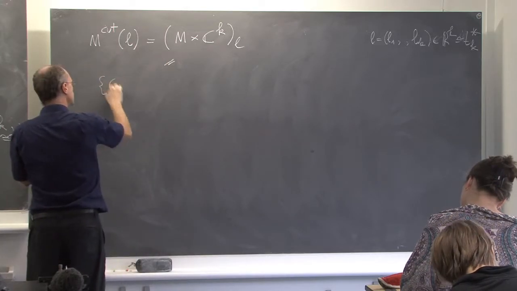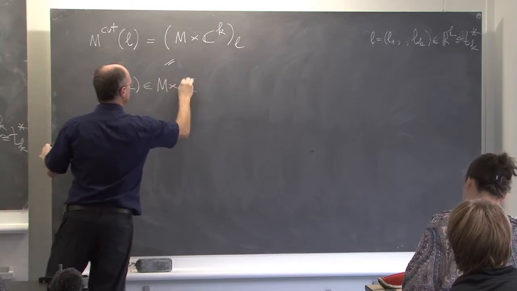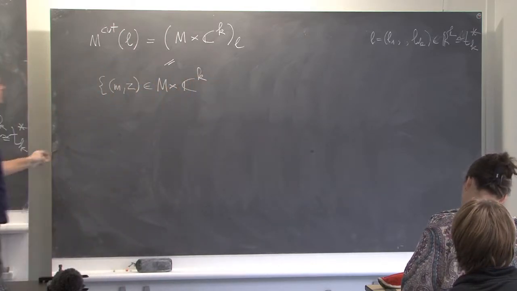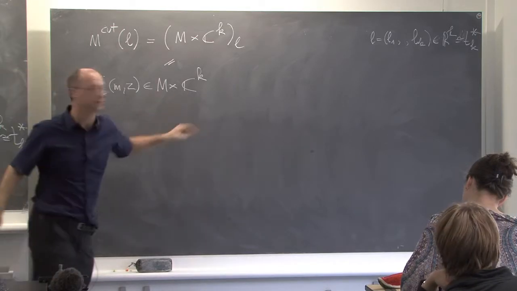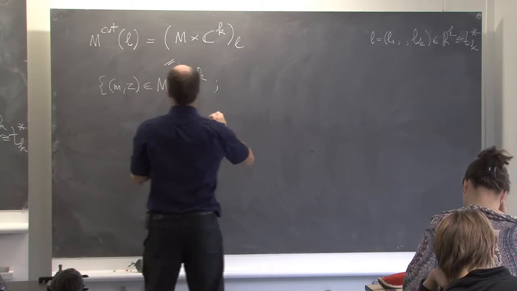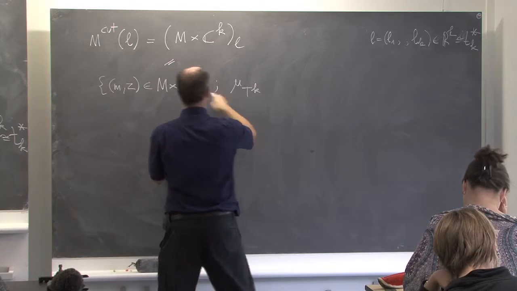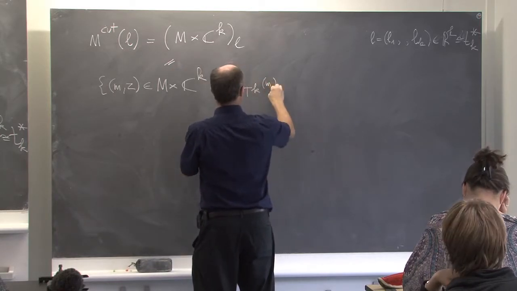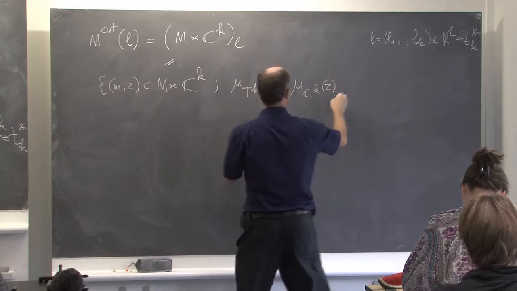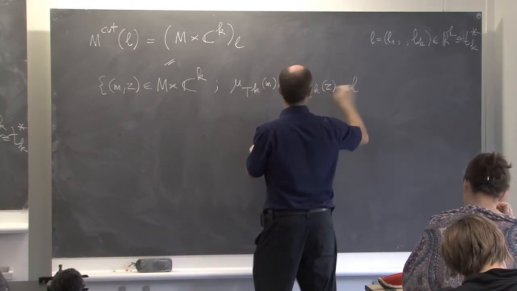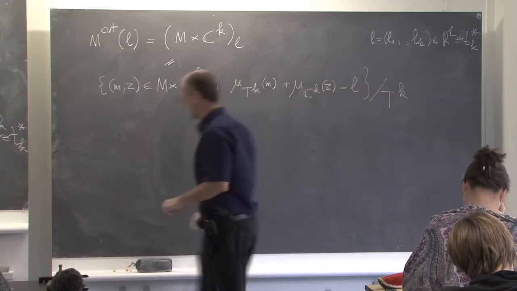And this means this is a set of (m, z) in M times C^k such that mu Tk of m plus mu Ck of z is equal to L, mod Tk.